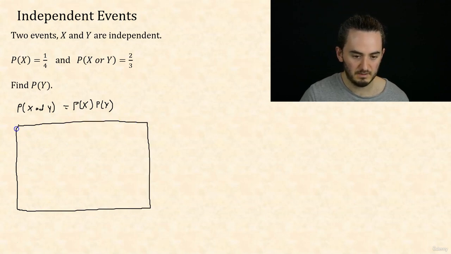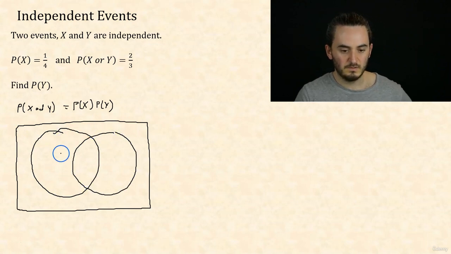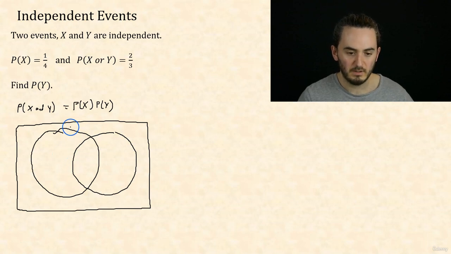So here's our Venn diagram. We have event x, we have event y. All right, and what do we know? Well, our facts are the probability of x is 1/4. So that's all of this bubble here. And then we also know that the entire bubble here adds up to 2/3.